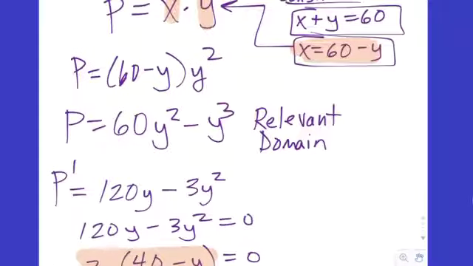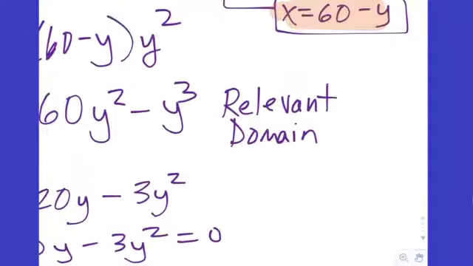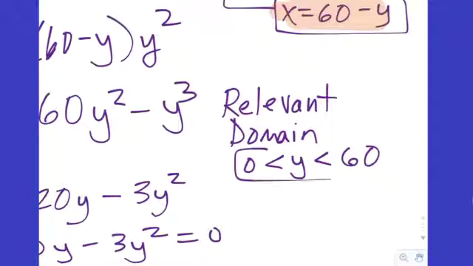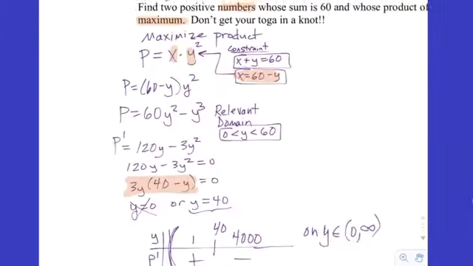And so that's why we're calling it the domain. We just came up with a lower bound, but really you could come up with an upper bound, right? Just like you said. You actually know that y has to be between 0 and 60. Okay? Because if it was 60, then the other value would have to be 0 or negative if it was bigger, and they both had to be positive.